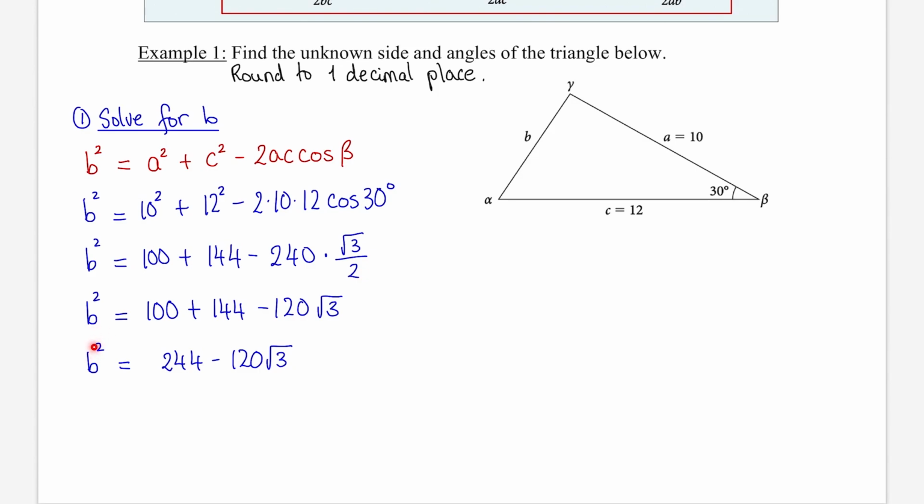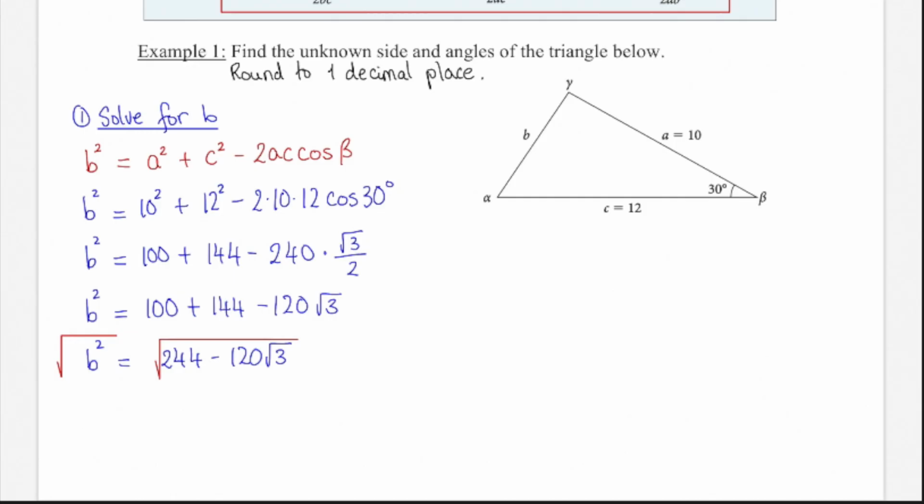To solve for B, I will take the square root of both sides. When you're taking the square root on both sides, they are supposed to be plus or minus values. However, B represents the side of a triangle, and the side of a triangle cannot be negative. So in this case, I will only take the positive answer. And I will put this into my calculator to get my answer.